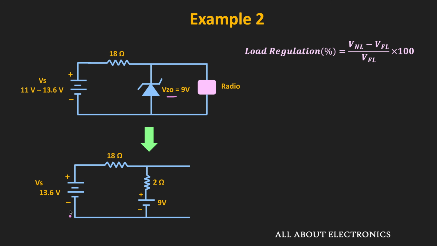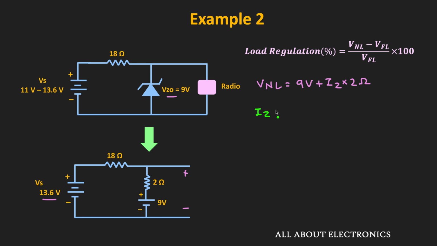So here we will consider the value of the battery as 13.6 volt. So at this battery voltage, the output voltage across the Zener diode can be given as 9 volt plus Iz times 2 ohm. First of all, let us find the value of Iz.